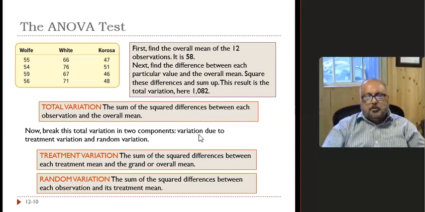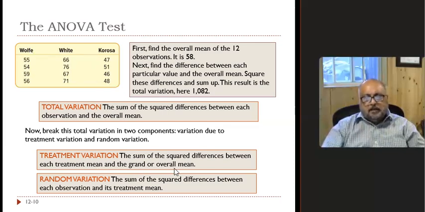Now, once we have that, we can break this into two components: variation due to treatment and random variation. As I said, the treatment variation means when the source changes. Source means when we switch from one person to another. That's called treatment variation. Random variation is when we go from one observation to another observation. Treatment variation is the sum of squared differences between each treatment mean and the grand or overall mean.